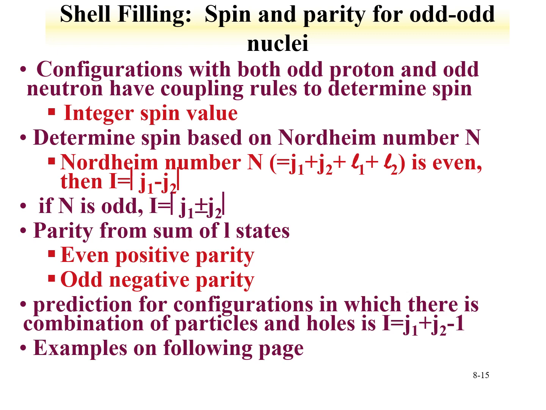If the Nordheim number is odd, we have two possibilities, either the absolute value of the sum or the absolute value of the difference of the spins of the two states that are occupied by the unpaired nucleons. The parity is from the sum of the angular momentum L states. If that sum is even, it's positive parity, and if it's odd, it's negative parity. We'll go over some examples to show how the Nordheim number works.